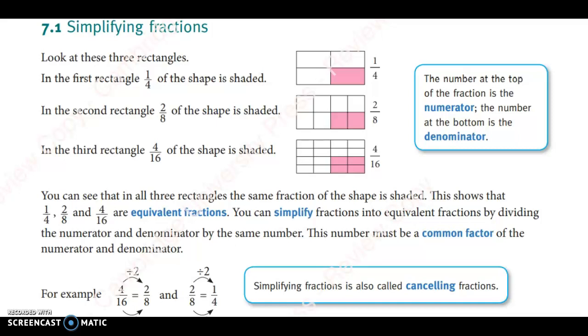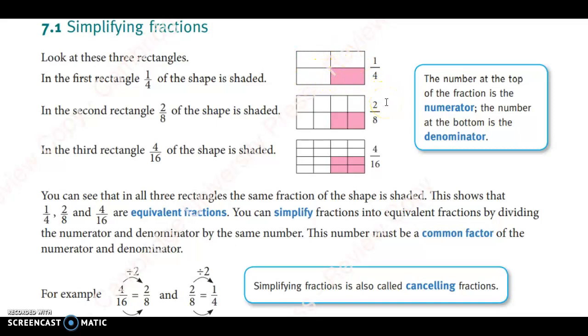About simplifying fractions, we can look at these three rectangles. In the first rectangle, 1/4 of the shape is shaded. Why is it 1/4? Because we have one shaded area out of 4, the total area in the rectangle.